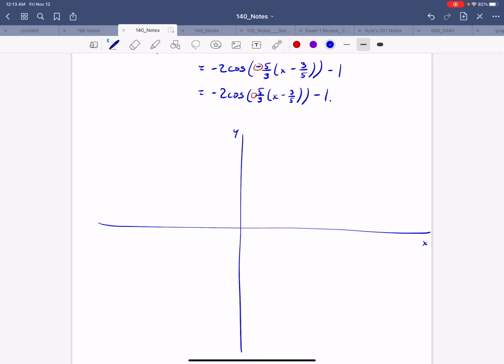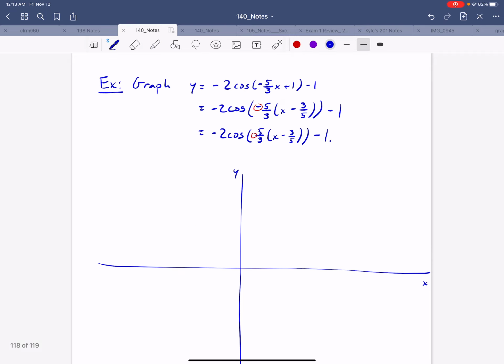All right, so maybe we should go ahead and write the amplitude here. Maybe I'll make it in red so it pops a bit more. Amplitude, absolute value of -2 equals 2. Period is going to be 2 pi divided by 5/3, or -5/3.